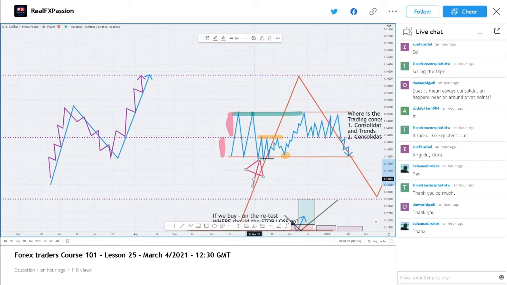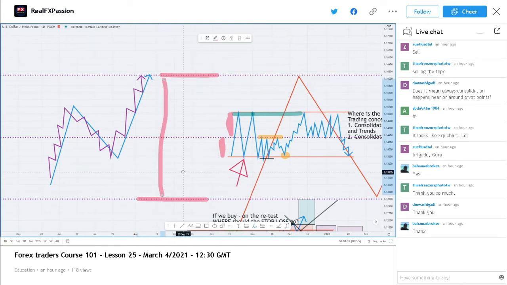Make sense, everybody? Of me having a visual that this is the pivot point and this is the pivot point and this is the trading range, because it just happened that consolidation appeared in between. Now I have a different visual, and this is the trading range, the smaller one.